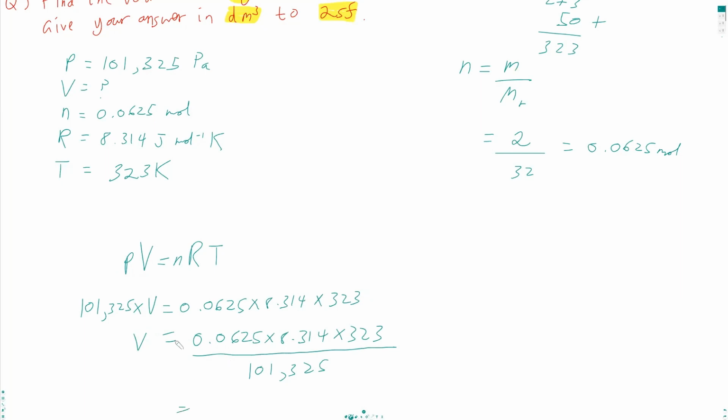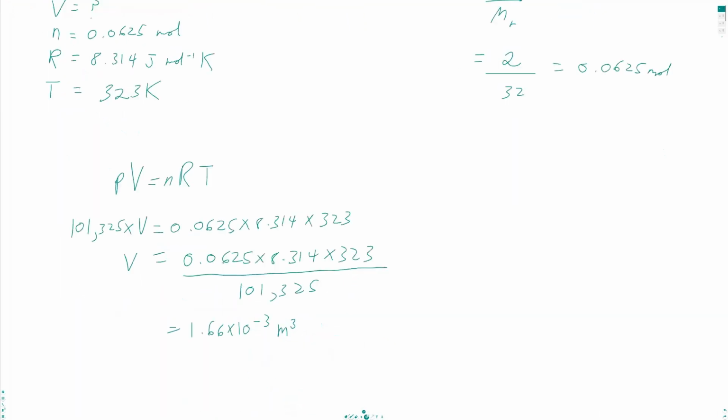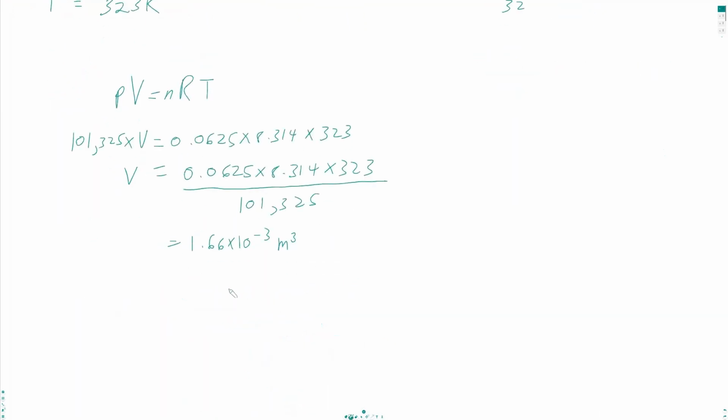If you put that into the calculator, that gives you V equals 1.66 times 10 to the minus 3. But this is in meters cubed, and we want the answer in decimeter cubed. So you just times that by 1,000, which will give you roughly 1.66.